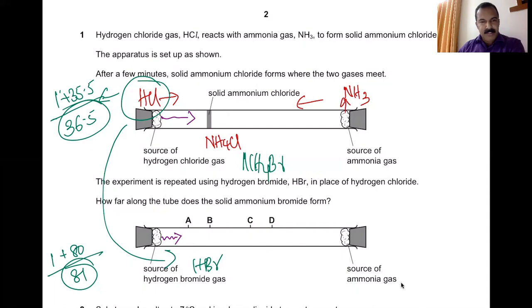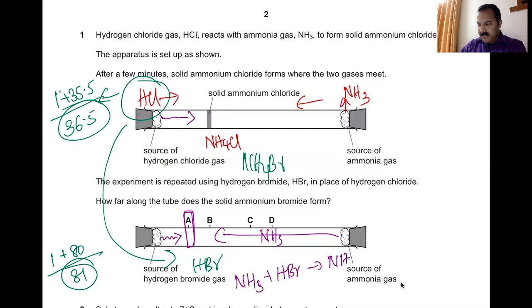Heavier molecules diffuse slower. So it won't diffuse as fast as HCl, so it will travel only a shorter distance. So at point A, ammonia will meet up with it. So it will form ammonia gas plus HBr, and you get ammonium bromide.